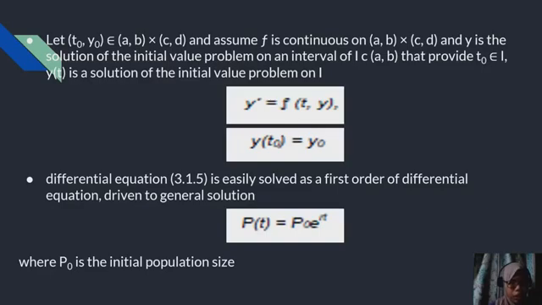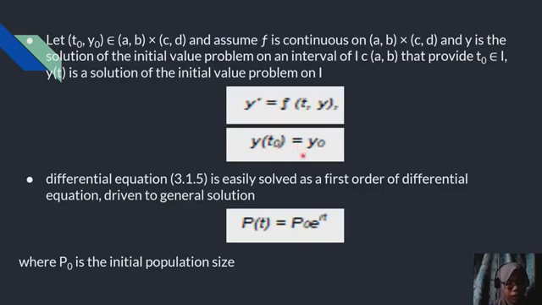Let (t0, y0) be an element of (a,b) times (c,d) and assume f is continuous on (a,b) times (c,d), and y is the solution of the initial value problem on an interval I subset of (a,b) that provides t0 is an element of I. Thus, this statement can be simplified as y' is equal to f(t, y) and y(t0) is equal to y0.